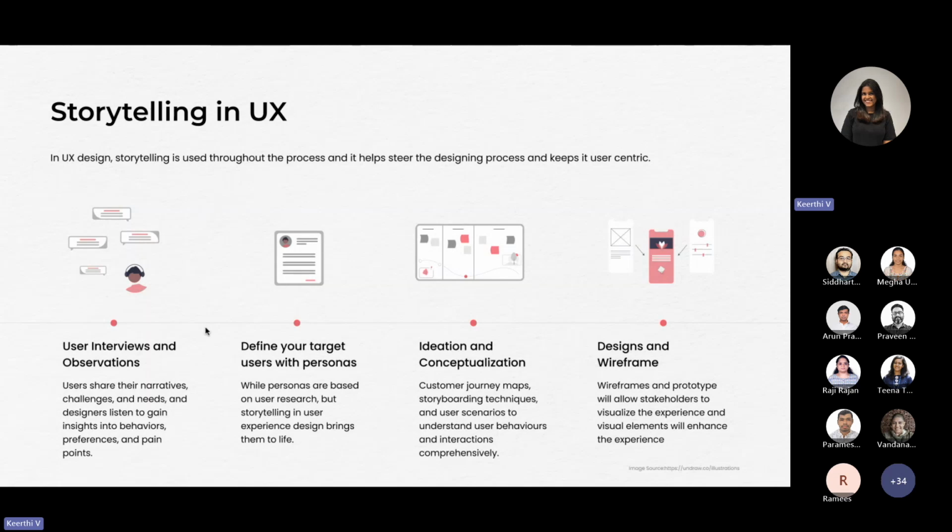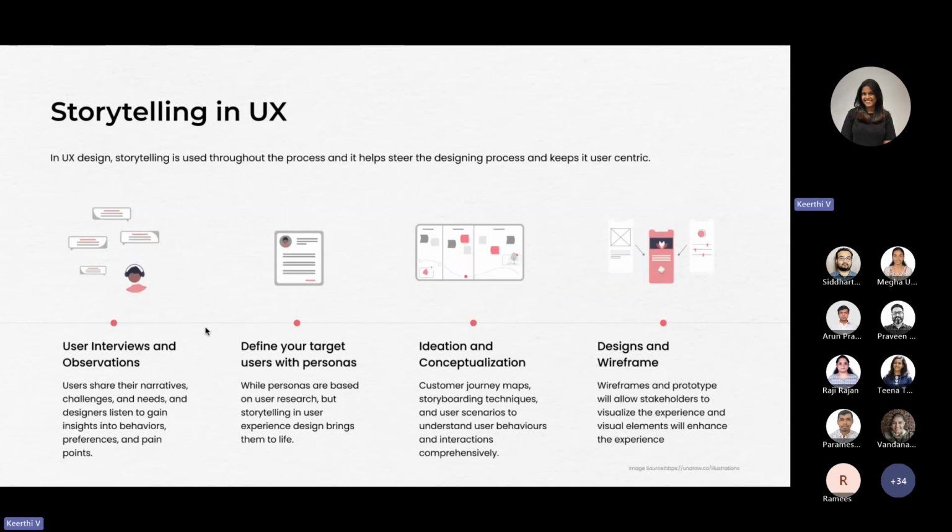At this point, the user is the storyteller and we become the listener. So we need to be efficient listeners and try to understand what the user is trying to narrate to us, to understand their problems, their situations, and all that the user is trying to feel. In that way, we'll get maximum data to understand the user.